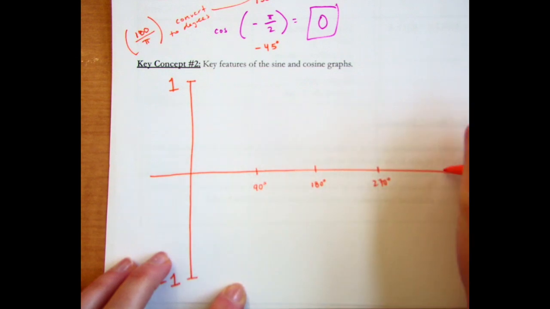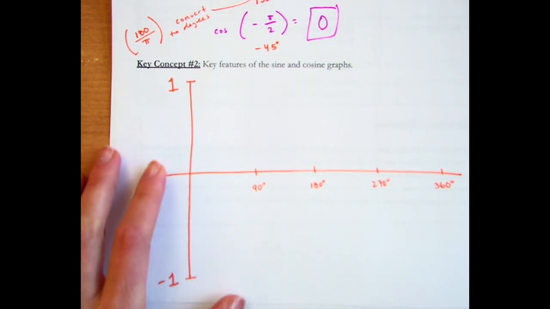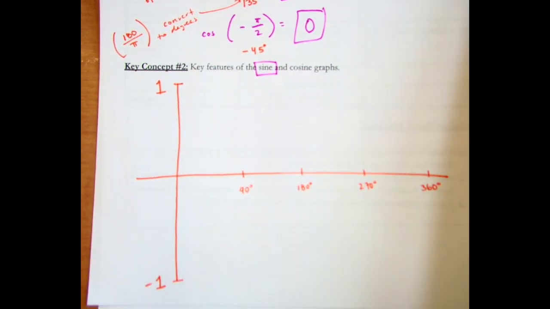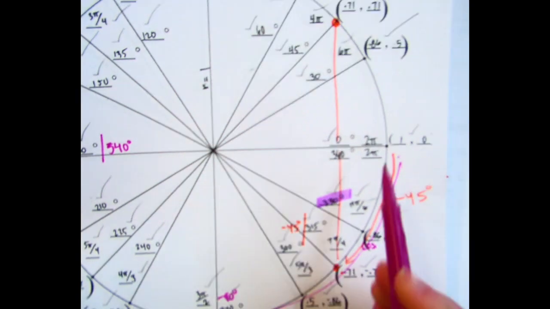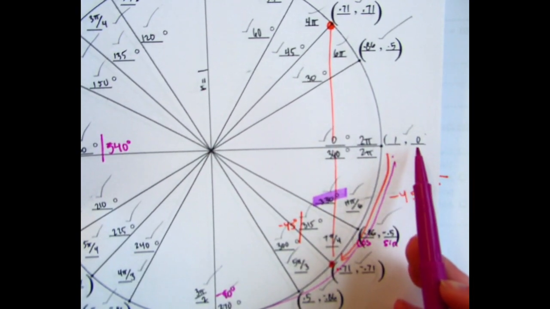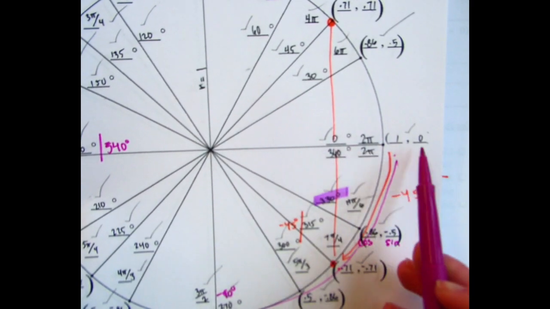We'll start with the sine function. The sine function comes directly from the unit circle. So at 0 degrees of rotation, the value of sine is the y-coordinate, which is 0. Therefore, the first point of sine is at 0.